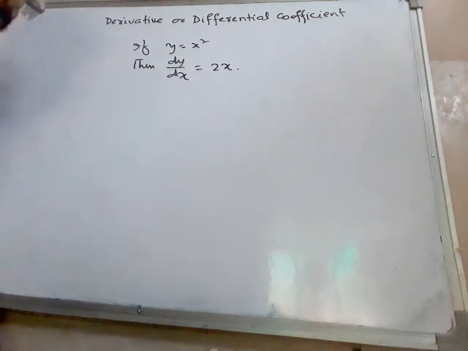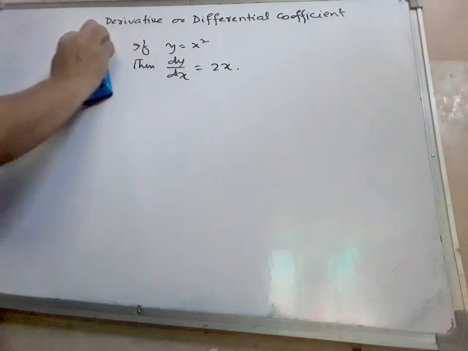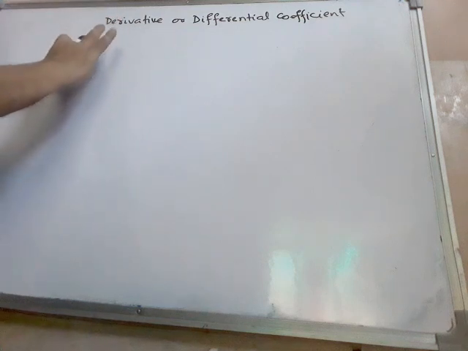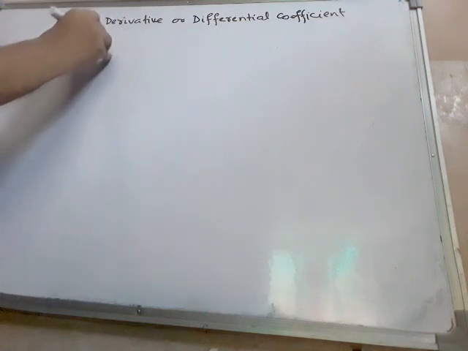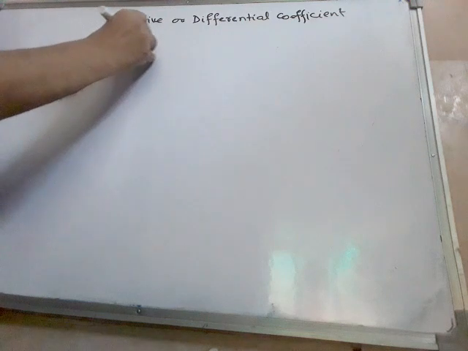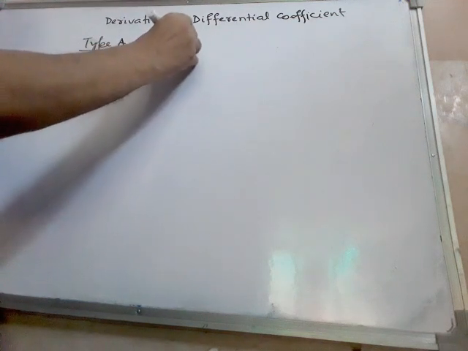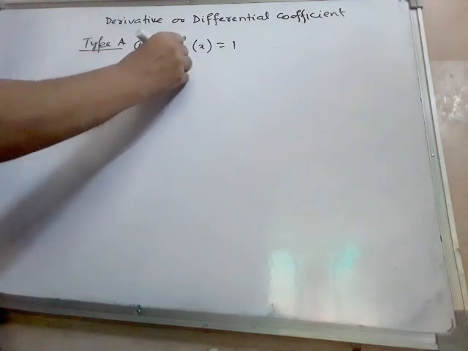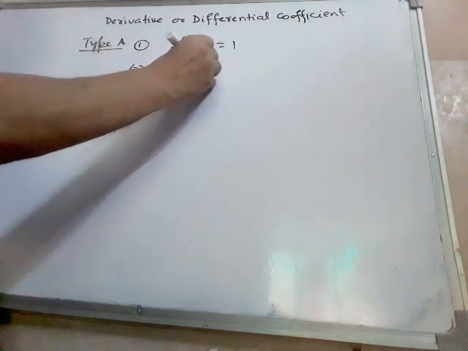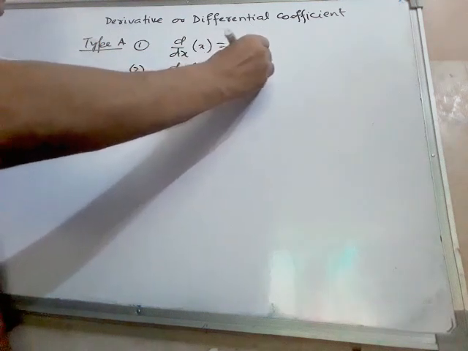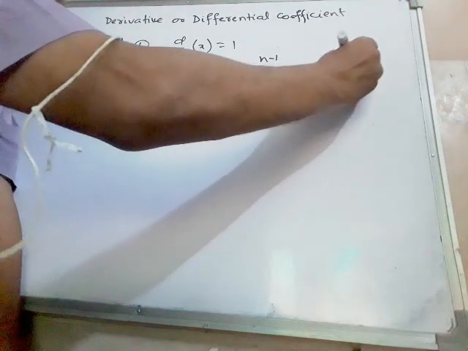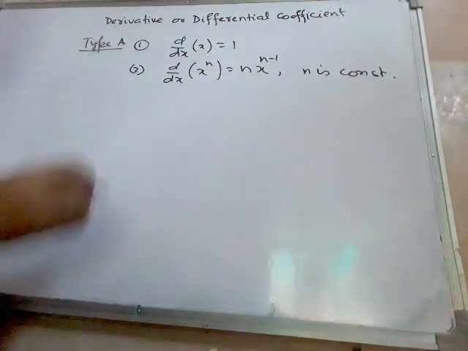In class 11 we have already given the formulas. Again we are giving the formulas for remembering purpose. Type A, formula 1: d/dx of x equal to 1. Number 2: d/dx of x to the power n equal to n x to the power n minus 1, where n is a constant.